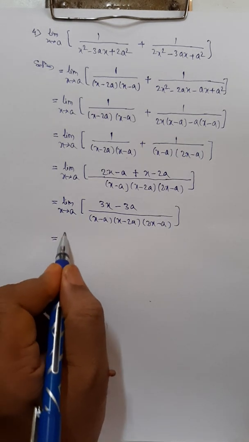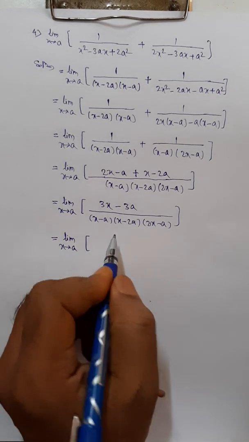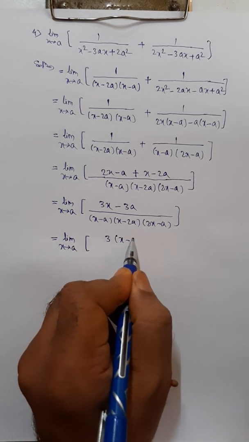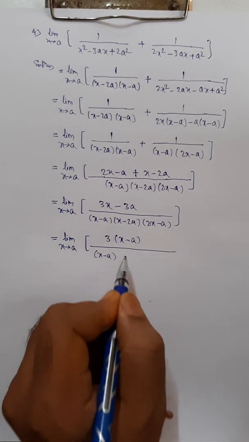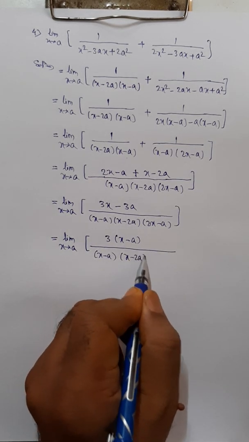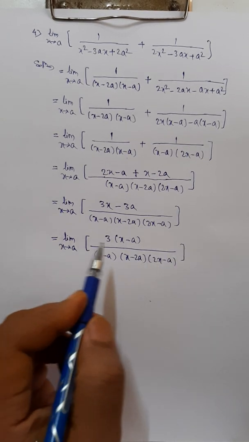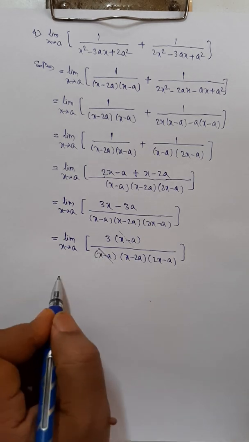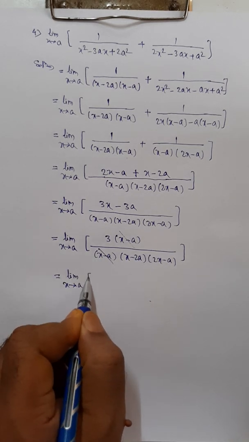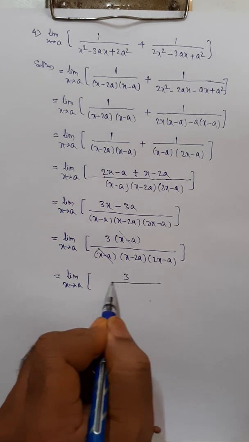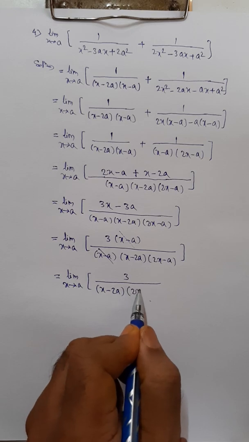So it is equal to limit as x tends to a, we can take 3 common here, in bracket x minus a, denominator same, x minus a into x minus 2a into 2x minus a, and we get here common factor x minus a cancels.